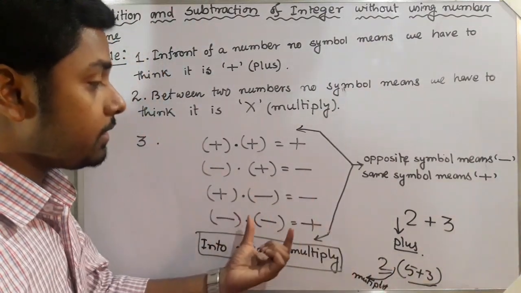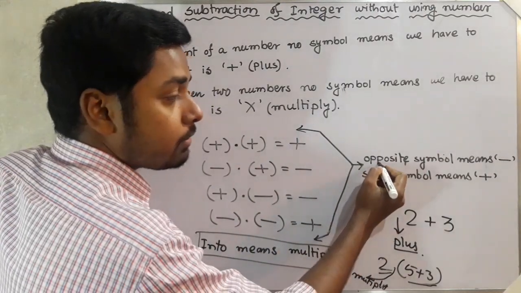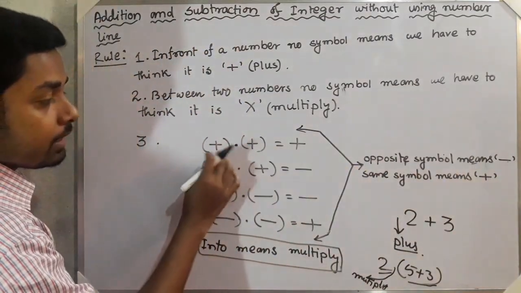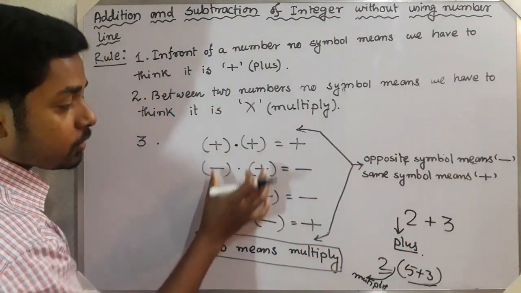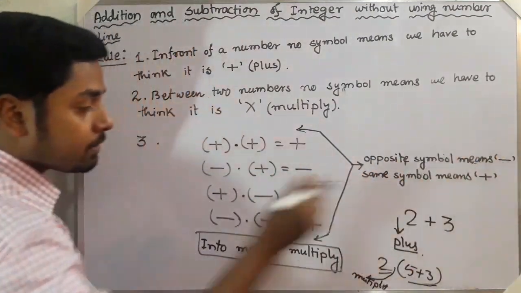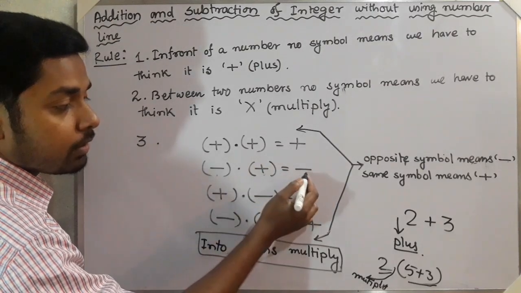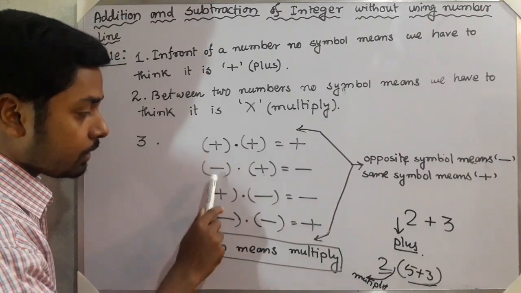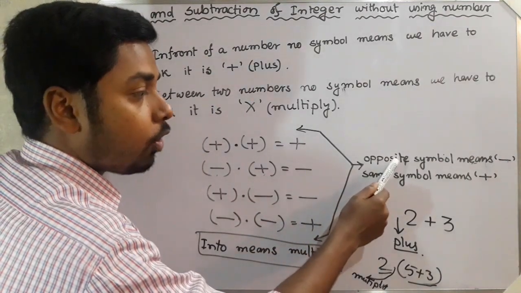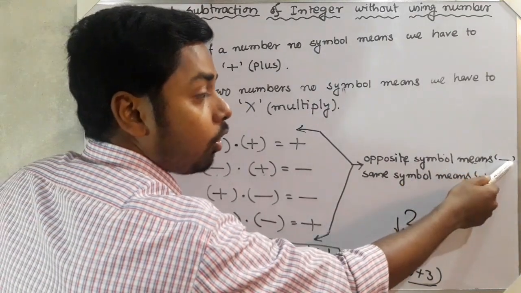And there is a trick to remember this. Whenever we multiply opposite symbols, we get minus. You can see here minus and plus, plus and minus, we get minus.